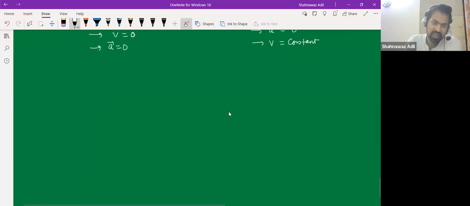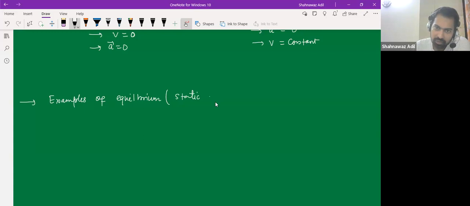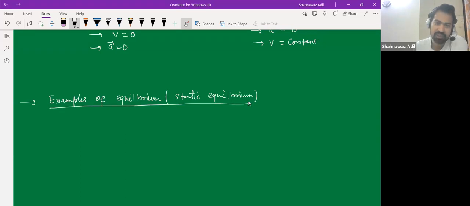Now let us take a very simple example of equilibrium that you guys have come across, and these are precisely the static equilibrium that we will solve, which means that the object is at rest.